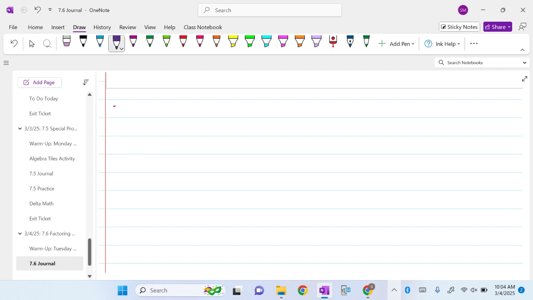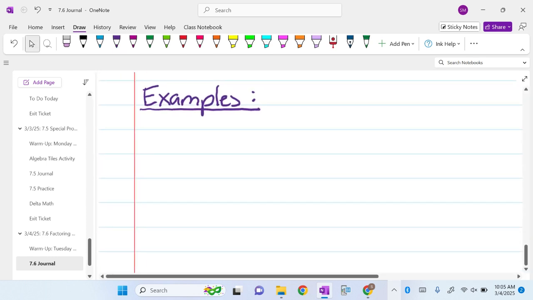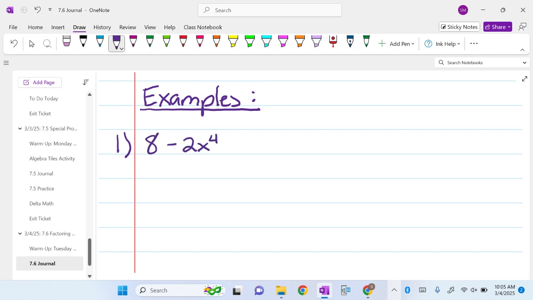So everyone needs to write these examples down. They are part of your notes, hence also part of your journal grade. So the first example we're going to do is 8 minus 2x to the 4th.